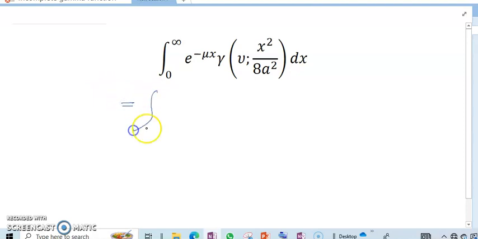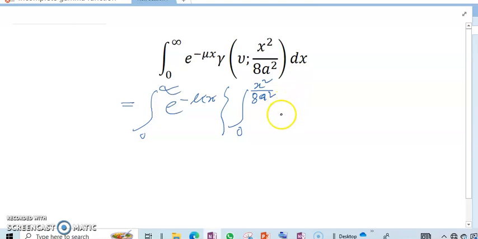So for the incomplete gamma function, at first I write the integral from 0 to infinity of e to the power minus mu x, times the integral from 0 to x square by 8 square of t to the power gamma minus 1 e to the power minus t dt, into dx.